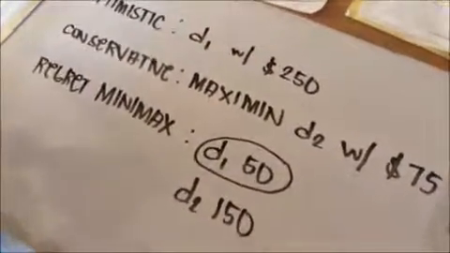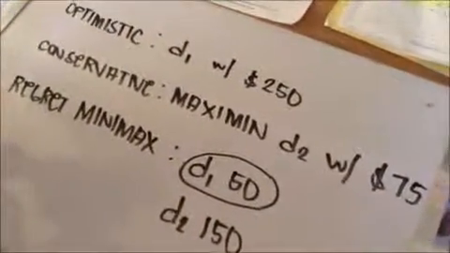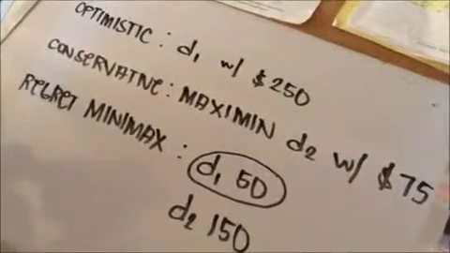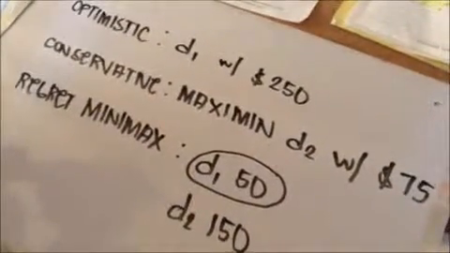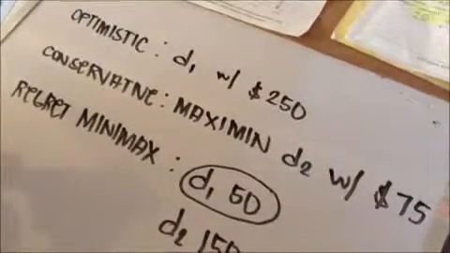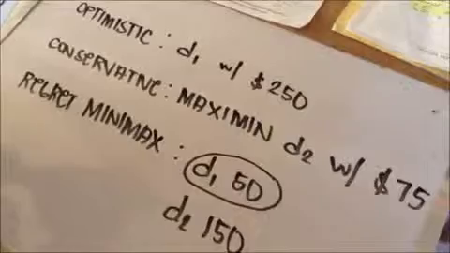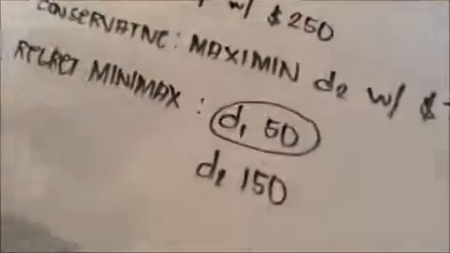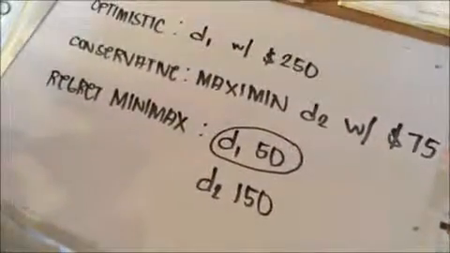For the minimax regret approach, you have to avoid the worst situation where you would regret most badly. You have to find what you would regret when you choose the decision D1 or D2, taking the highest minus the lowest. For example, 250 minus 100 is equal to 150. So if you choose D2 and S2 happens, your regret about your decision is 150.